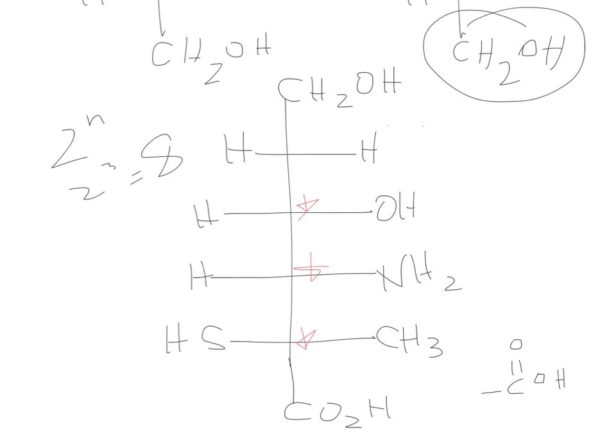What's the actual number? Does anyone know? Are there any mesostructures that are possible here? No, so the actual number would be 8. And so that's why if there are no possible mesostructures, there would be 8.